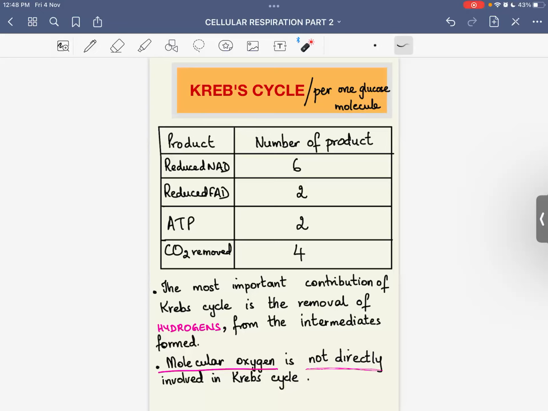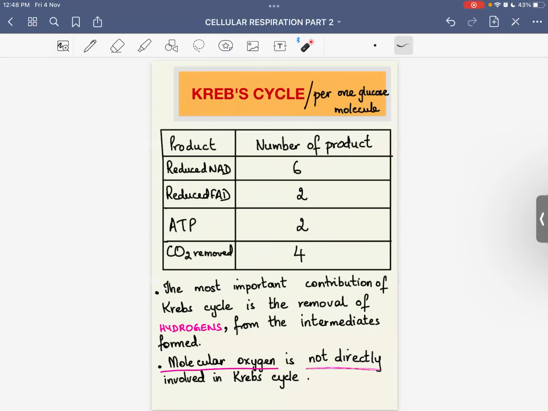So from that perspective, the number of reduced NADs that I got from Krebs cycle are 6. क्योंकि 3 दफा dehydrogenation हुई तो 6. The number of reduced FADs that I got were 2, and the number of ATP molecules that I got were 2, and the number of CO2 that I got were 4. Right? 4. ठीक है. Okay.